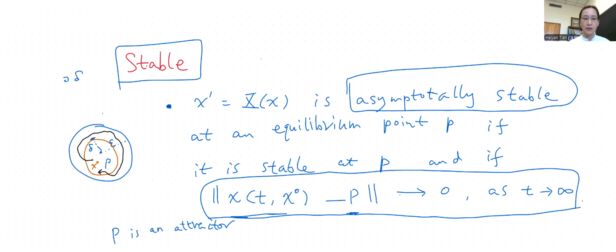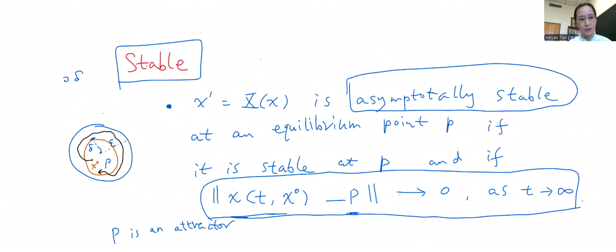So this is a definition for a stable system. But in this definition, it could be asymptotically stable. It could be neutrally stable. So asymptotically stable is quite strong. That means, in addition, it is stable.